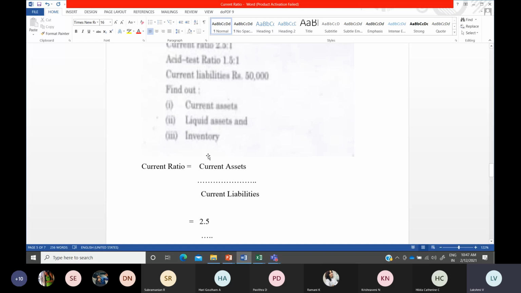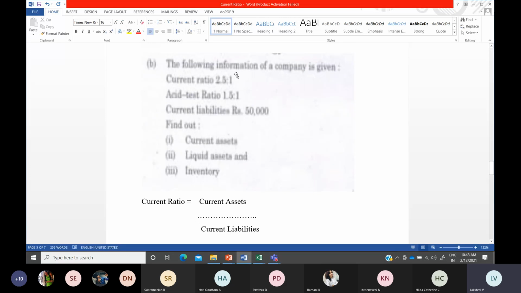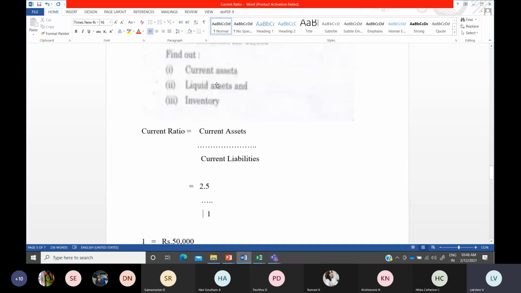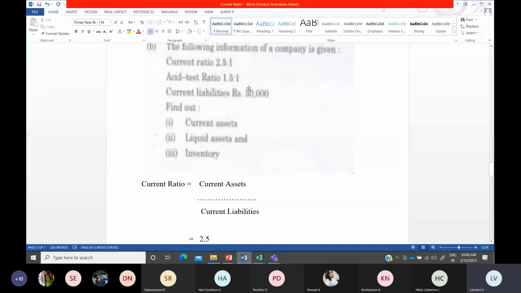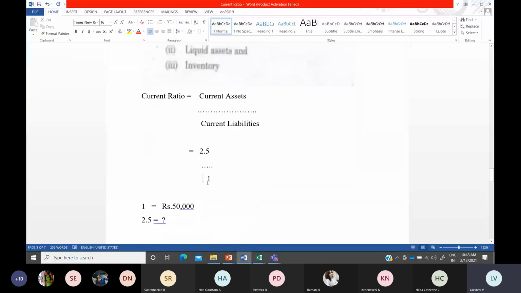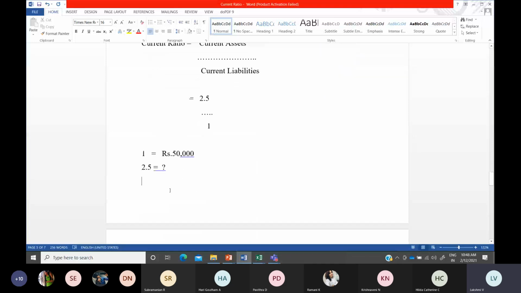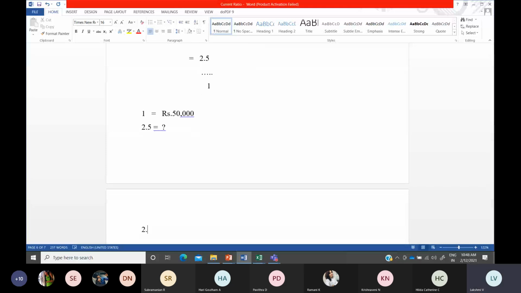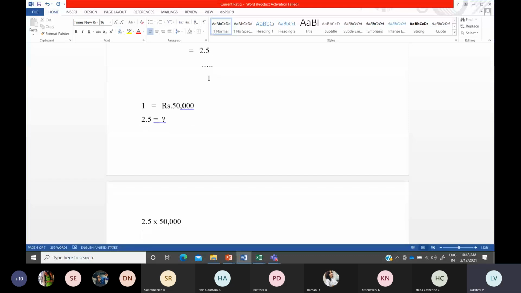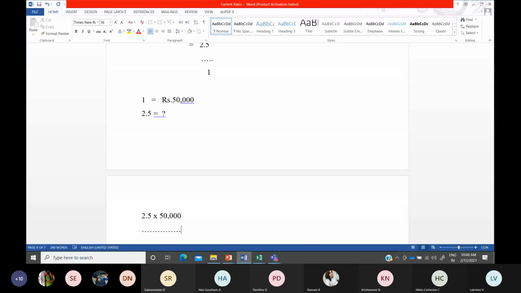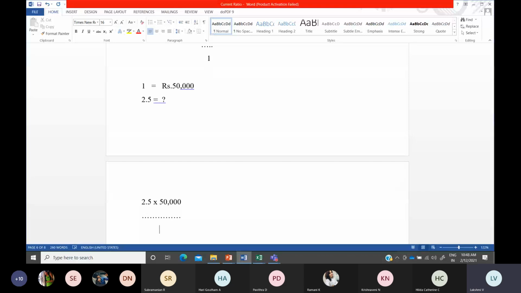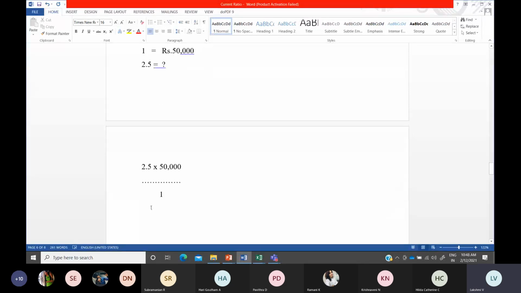This 2.5 is current assets and this 1 is current liabilities, which you got from the ratio. Since current liabilities is 50,000, 2.5, that is your current assets, can be found by 2.5 into 50,000 divided by 1.